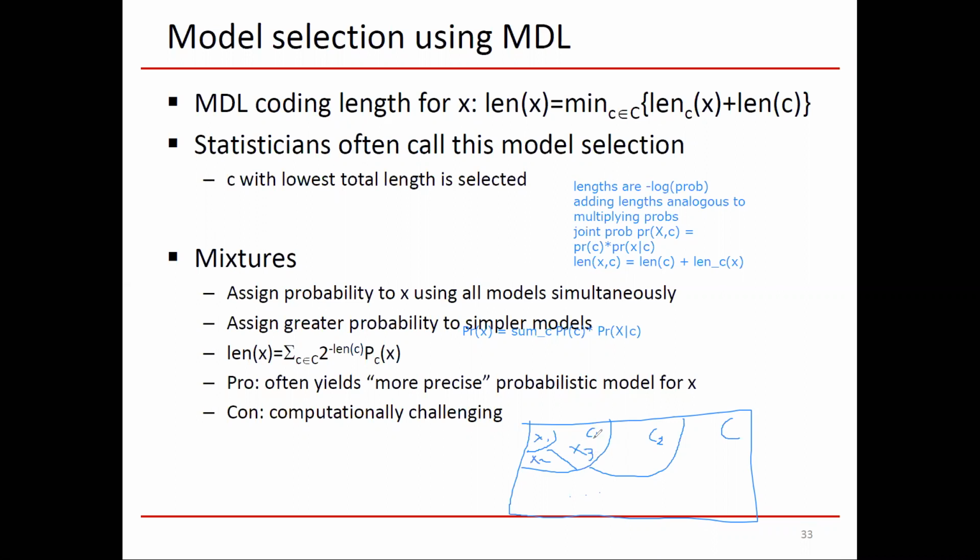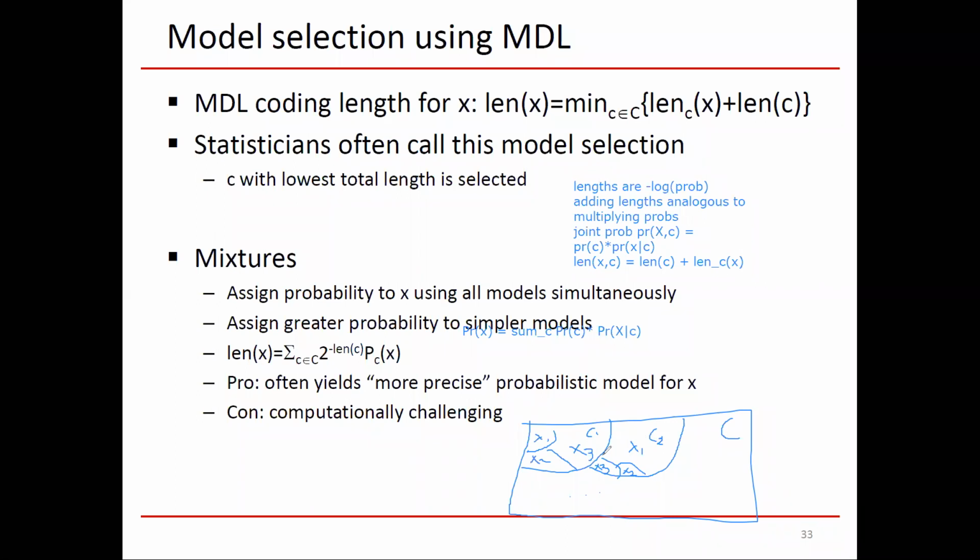X3 has a large probability. And perhaps under C2, X3 has a small probability, and X2 has a small probability, and X1 all of a sudden has a large probability. So the ratio of the probability of X1 within the space for C2, that's the probability of X1 conditioned on C2.